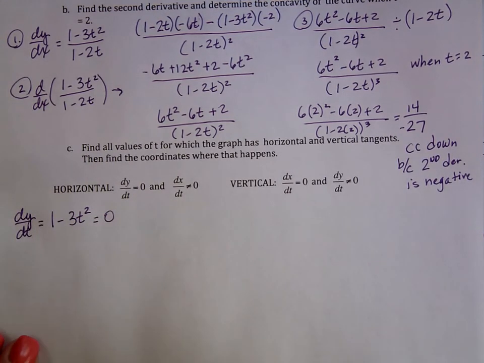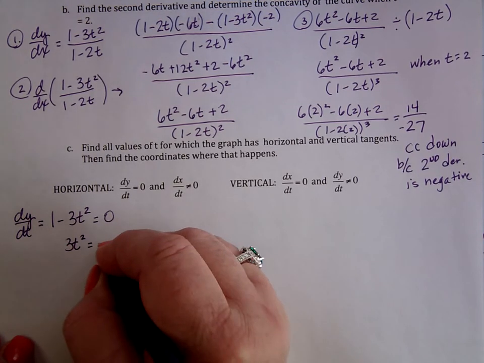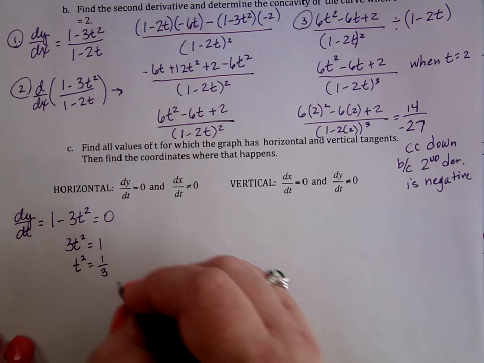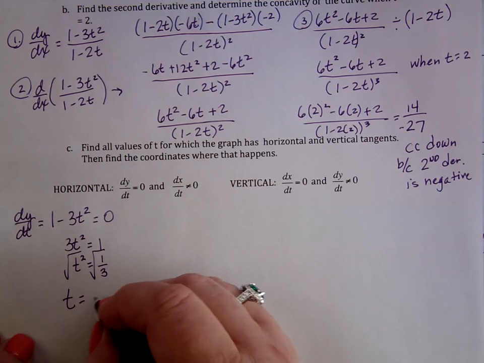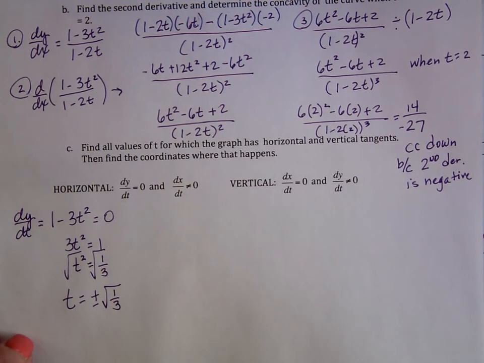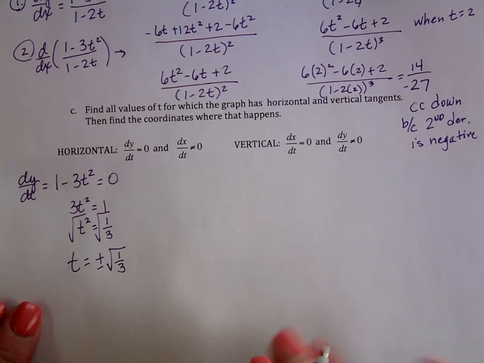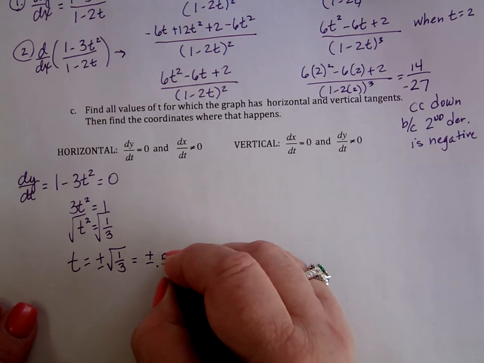All right, so I'm going to swing the things back and forth and make it 3t squared equals 1. Divide it. T squared is 1/3. And square root it. Now when I square root it, I get plus or minus the square root of 1/3. So if you go to your handy dandy calculator, these are going to be easier as calculator type questions. If you go to your calculator, this is going to be plus or minus 0.577.